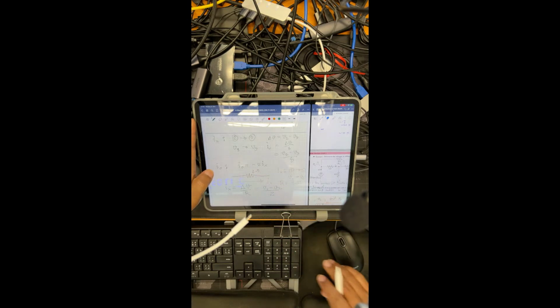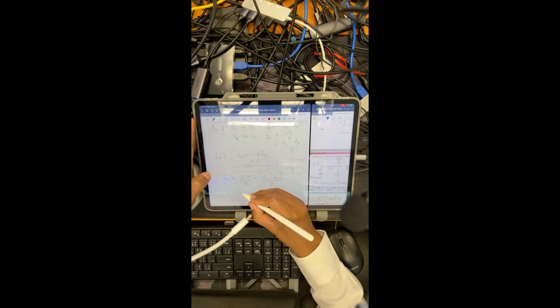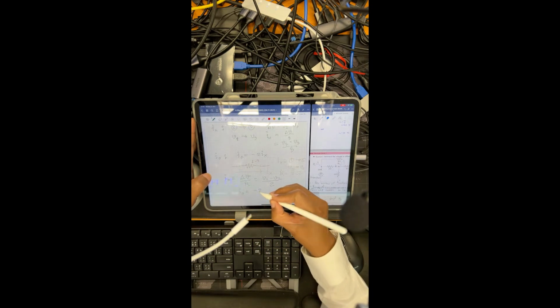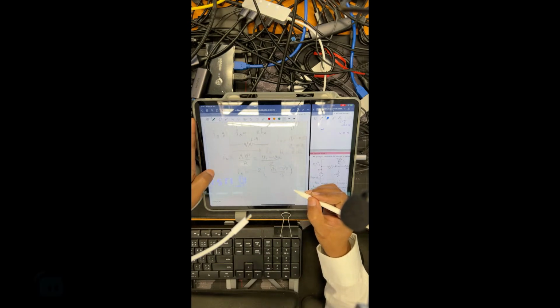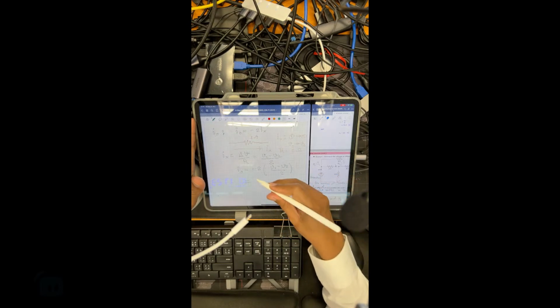We have IX, and you substitute IX into the expression of IO. You would have IO as minus 2 times V1 minus V2 divided by 2, and you're going to have V2 minus V1.